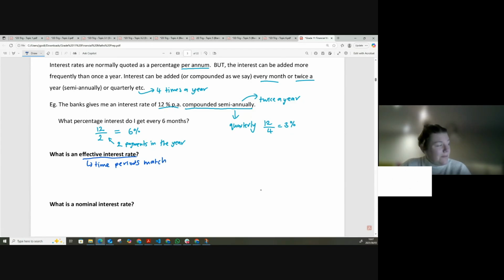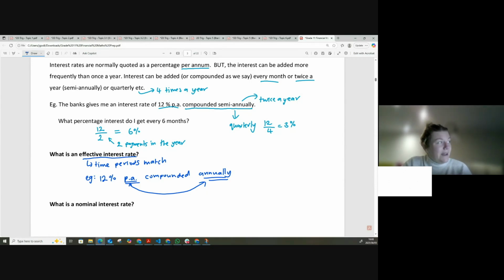So what I mean by that is if I said 12% per annum compounded annually. So per annum compounded annually, they match, they're the same. So they're saying it's compounded per, and I know I'm only doing it once a year.